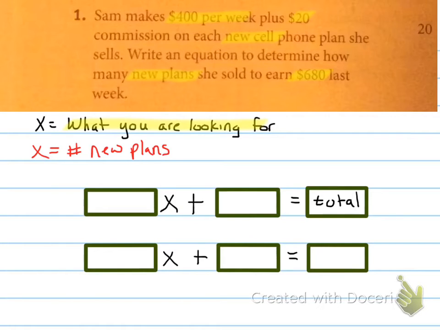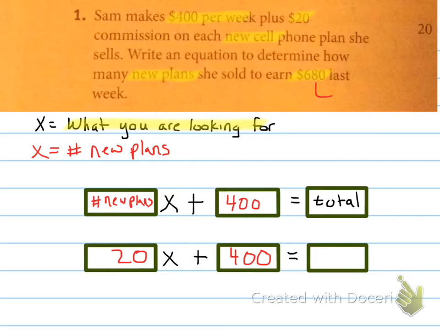So, we have the number of new plans times X plus the 400 that she makes equal to her total. So let's try this. 20x plus 400, and our total is this.